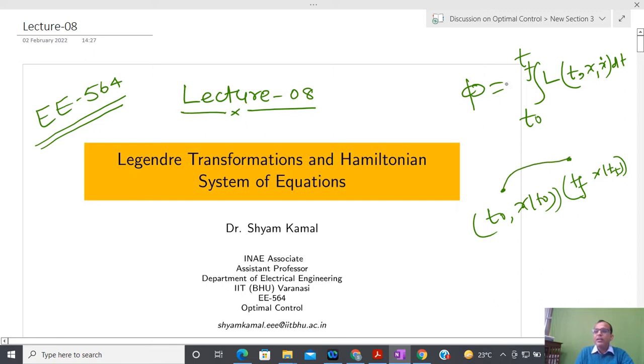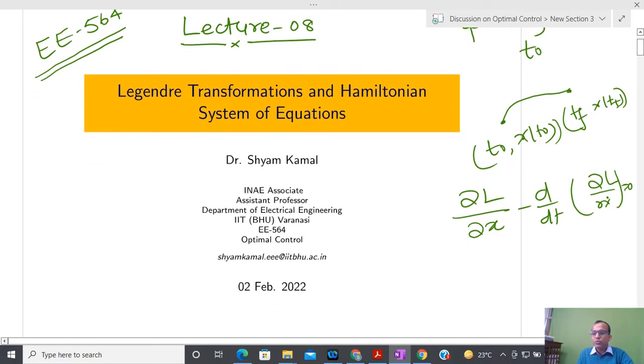In this process, an equation called the Lagrangian equation comes into the picture. If you carefully see the Lagrangian equation: dou L by dou x minus d by dt of dou L by dou x dot equals 0.